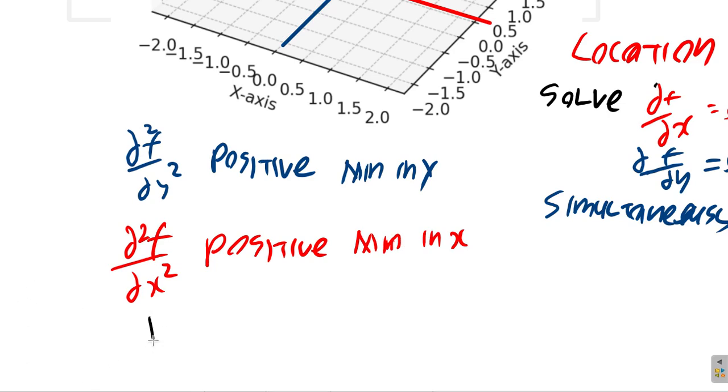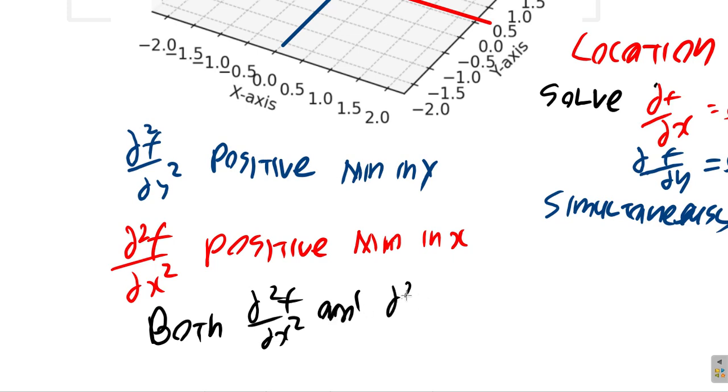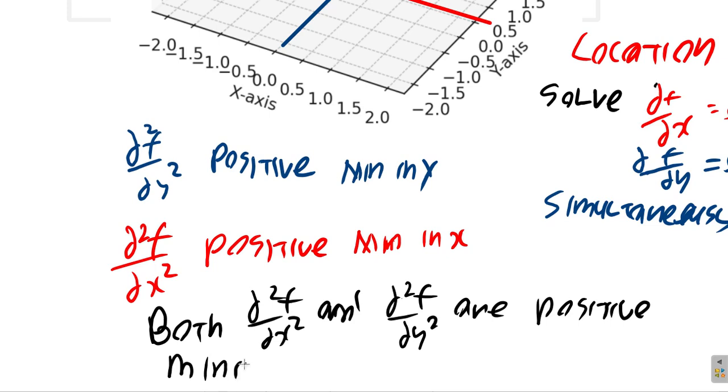Now, as long as both delta squared f by delta x squared and delta squared f by delta y squared are positive, then what you have is a minimum point.